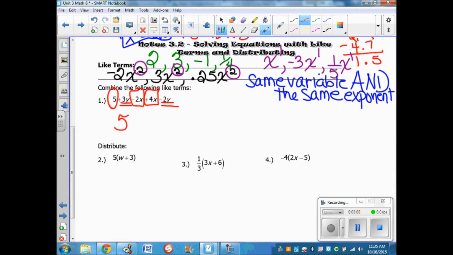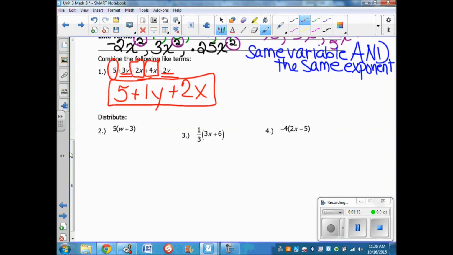Then I've got +3y minus 2y. +3 minus 2 is a +1y. And then -2x plus 4x gives me a +2x. Can't do anything else. I've combined everything I can combine, and that's my final answer.